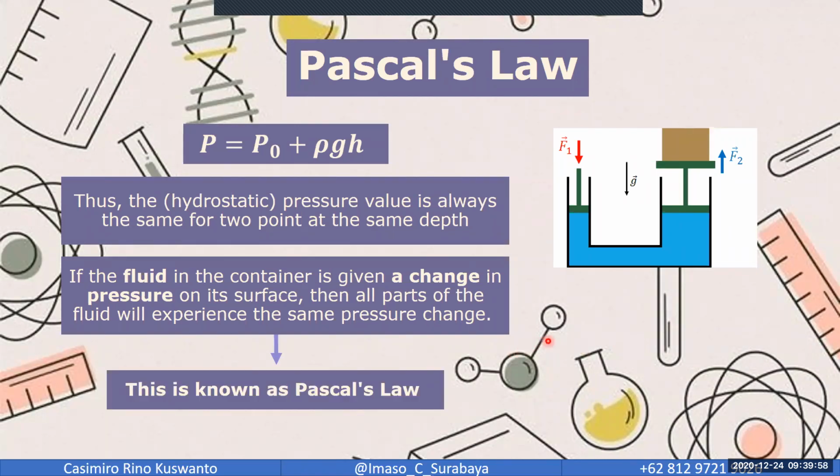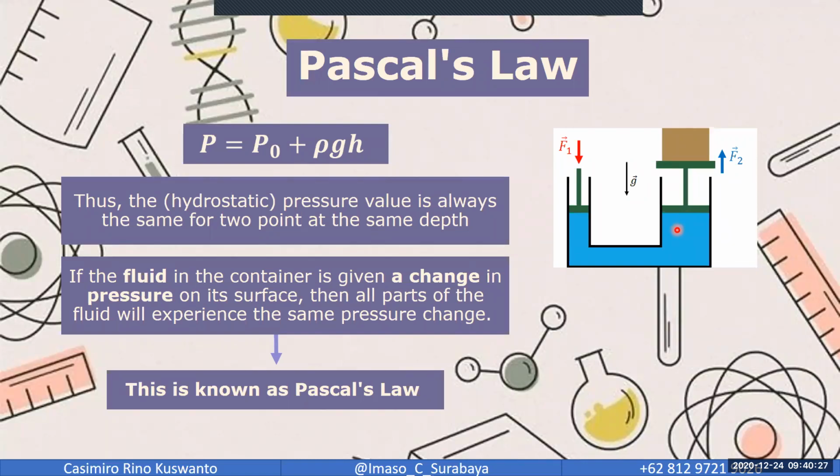One example of this law is the hydraulic press. When we press this first surface with force F1, because the pressure must be the same at the same depth on the second surface, there will be an uplift force F2 to balance the pressure.